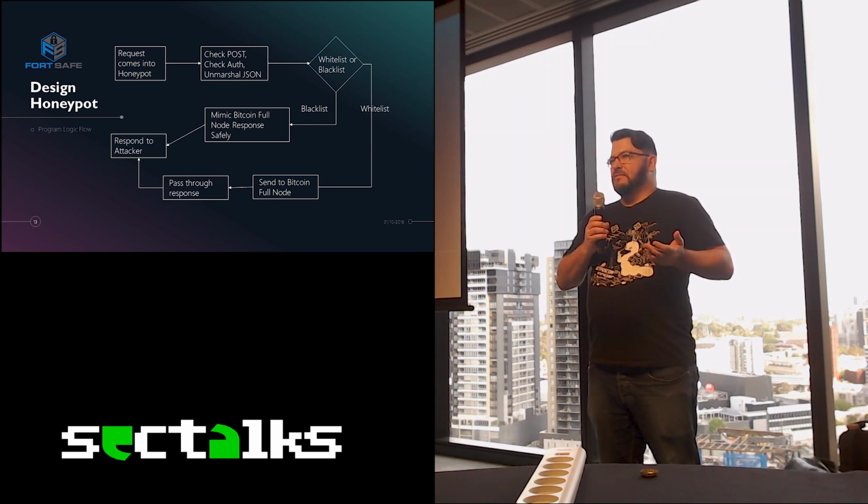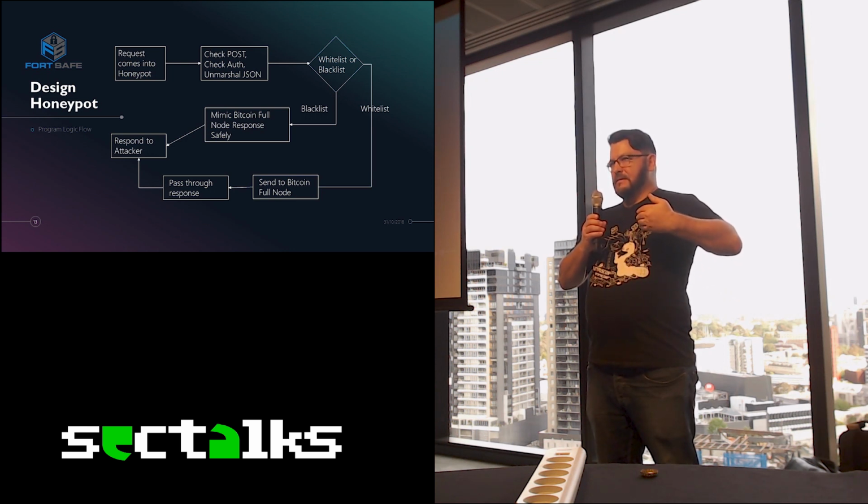So this is a process, a simple process map. A request comes in to the honeypot. We check whether it's an HTTP GET or an HTTP POST. Check for authentication. It's using HTTP basic auth on the API, so no TLS or anything like that, just an open HTTP API. Once it comes in, we unmarshal the JSON and determine what the API command is.